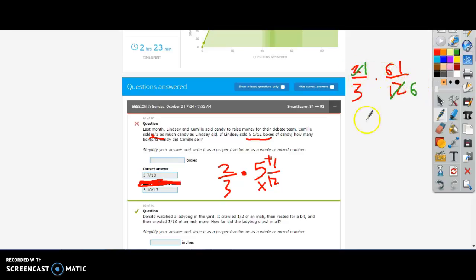Then I can rewrite the problem as 61 times 3 times 6, which is going to give me 61 over 18, because I am doing 3 times 6.